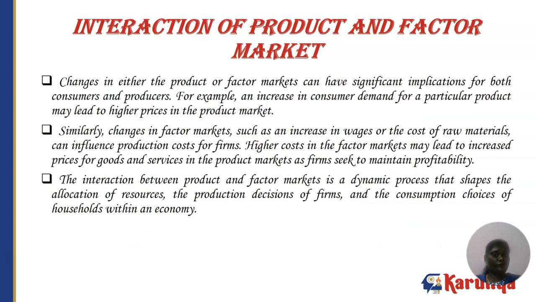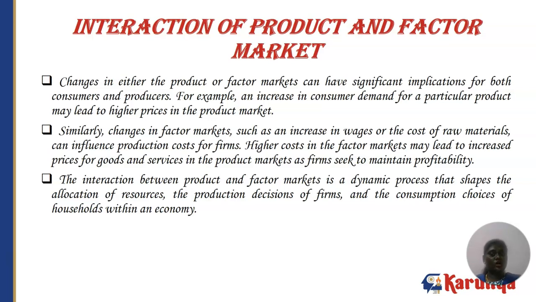Changes in either the product or factor market can have significant implications for both consumers and producers. For example, an increase in consumer demand for a particular product may lead to higher prices in the product market. Similarly, changes in factor markets, such as an increase in wages or cost of raw materials, can influence the production cost of firms. Higher costs in the factor market may lead to increased prices of goods and services.